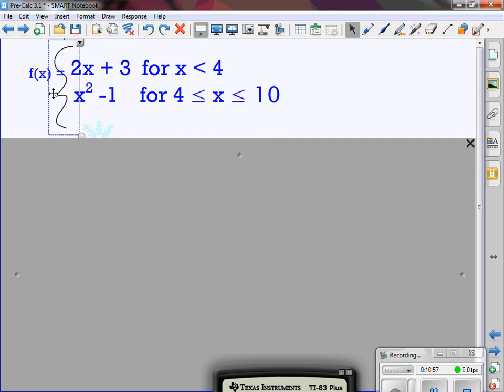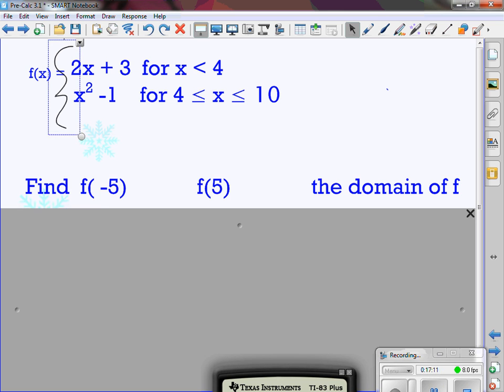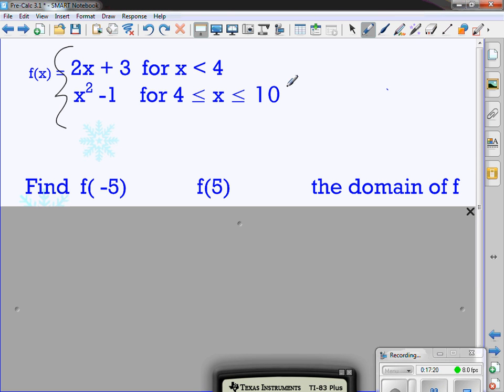And anything past 10, you don't use. Past 10, you can't do anything. You can't graph anything. If I have a number less than 4, I use the top function. If it's between 4 and 10, I use the bottom function.